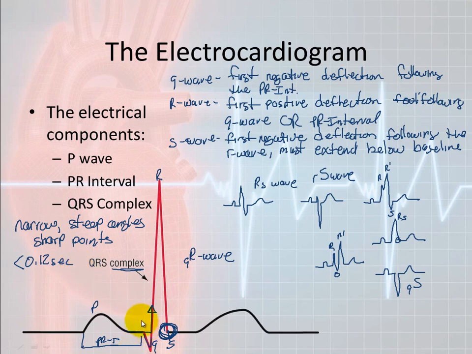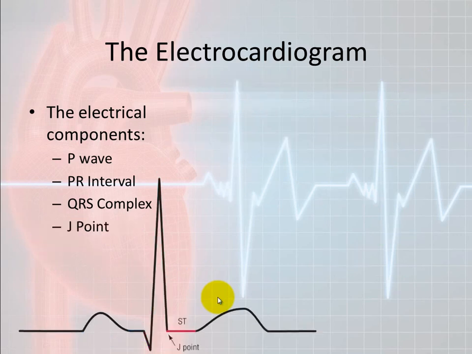And you begin that measurement right here at the beginning of the QRS complex, and it ends right here at something called the J point, which is what we'll discuss next. The J point, as you can see, this little area right here, represents the spot where the QRS complex ends and the ST segment begins.